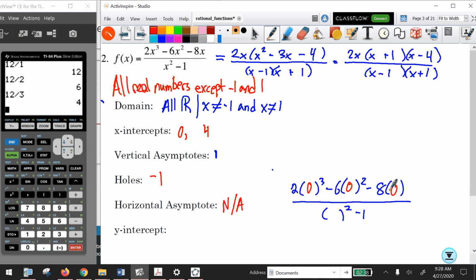All right, 0 cubed is 0, 0 squared is 0, 0 times 2 is 0, 0 times 6 is 0, 0 times 8 is 0, 0 minus 0 minus 0 is equal to 0. So the numerator equals 0. The denominator equals 0 squared minus 1. That's equal to -1. And 0 divided by anything is 0. So our y-intercept, again, is 0, which means that this rational function crosses at the origin.